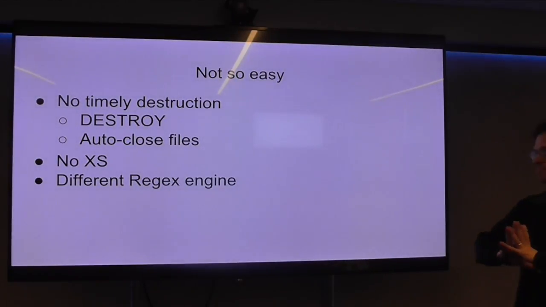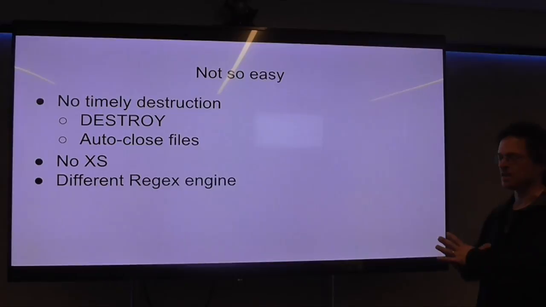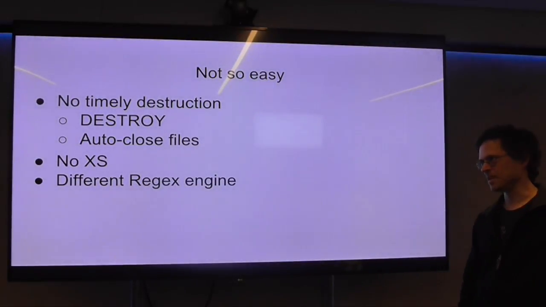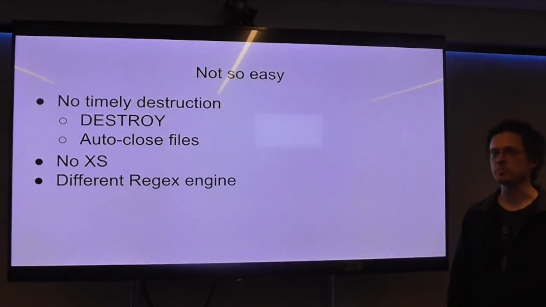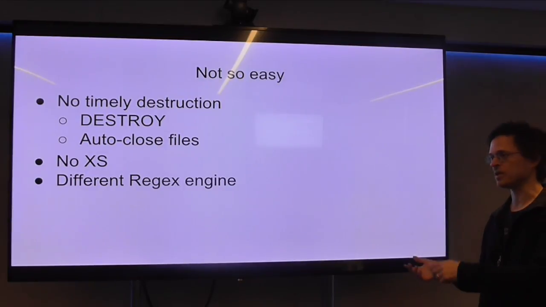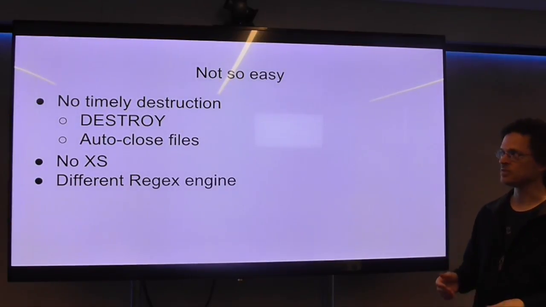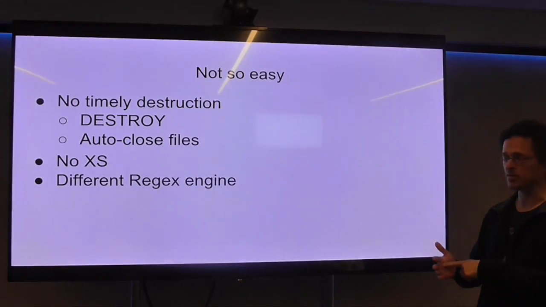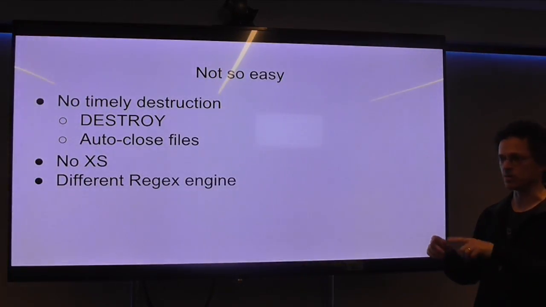Now, there are platform-specific problems. Java doesn't have what we call in Perl timely destruction. Perl has reference counting, Java has garbage collection. This means in Perl you can count on a variable going out of scope.